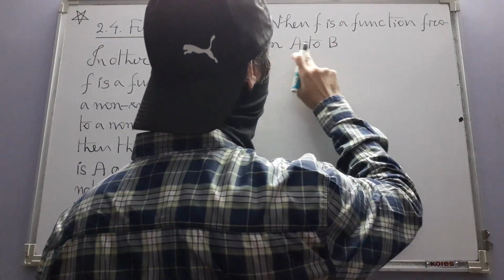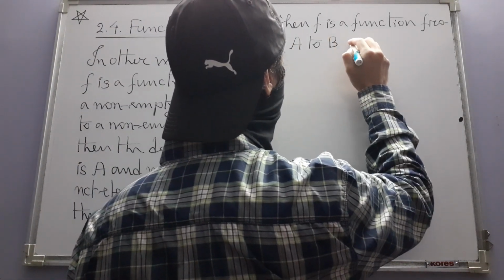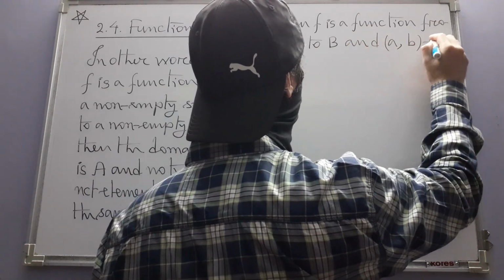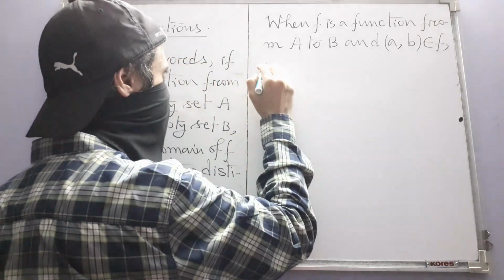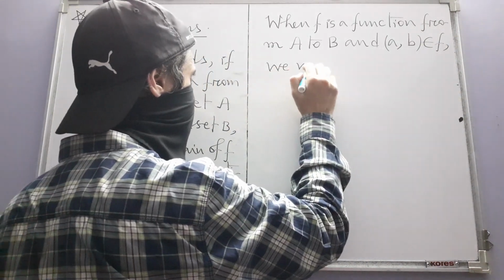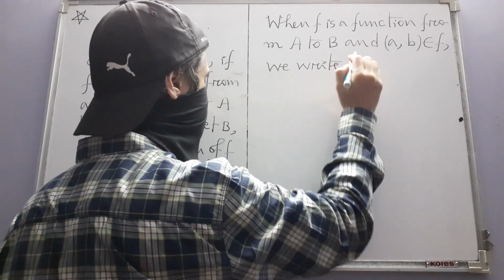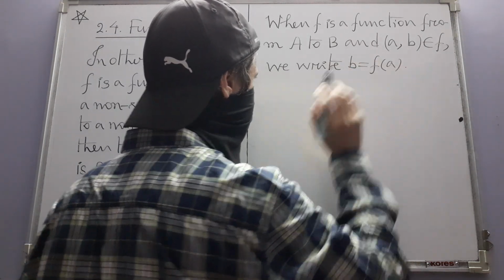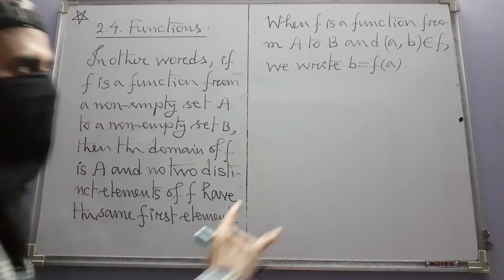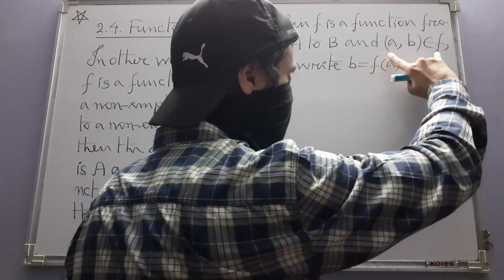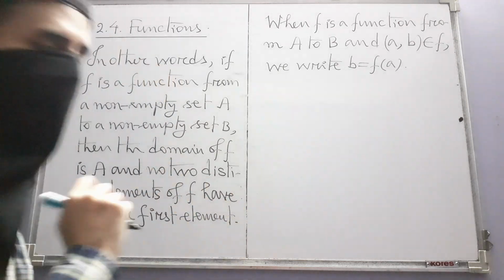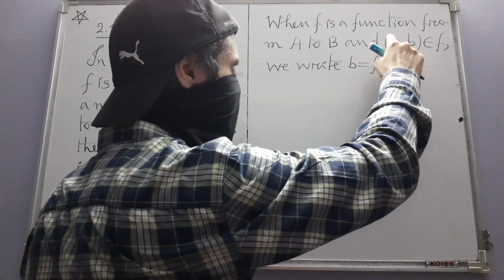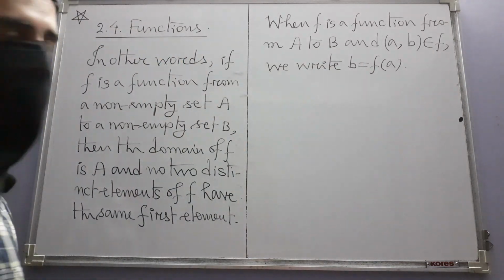When f is a function from A to B and this ordered pair (A, B) belongs to f, we write B equal to f of A. This equation and this relation mean exactly the same thing. Both of them mean that B is the image of A under f.